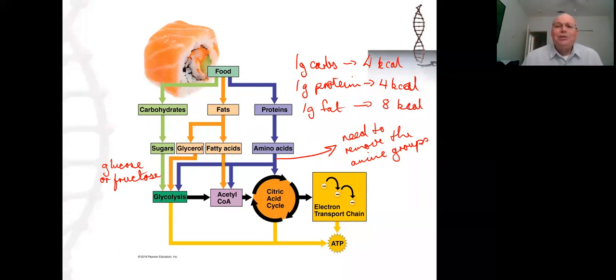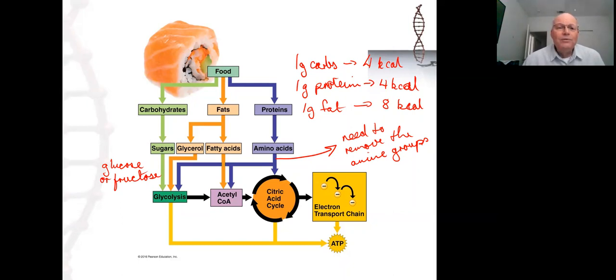So there you can see that fats are twice as energy dense as the equivalent amount of carbohydrate and protein, which explains also why, if you take in an excess of calories, it gets converted to fat.